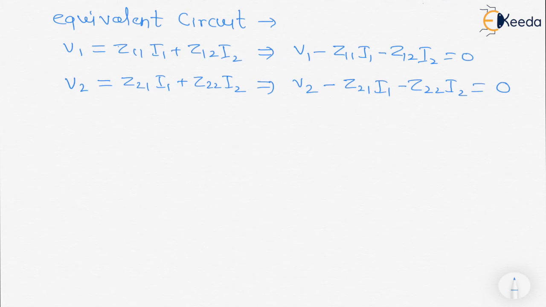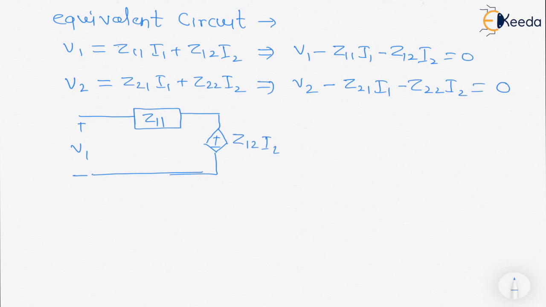From these two above equations we can draw the circuit. This is Z11, this is plus, this is minus V1, and this is another voltage source, that is the dependent voltage source, plus minus, and we can write that Z12 I2.